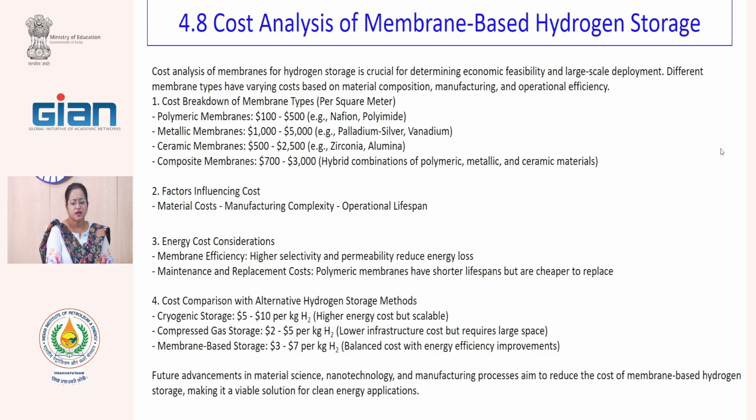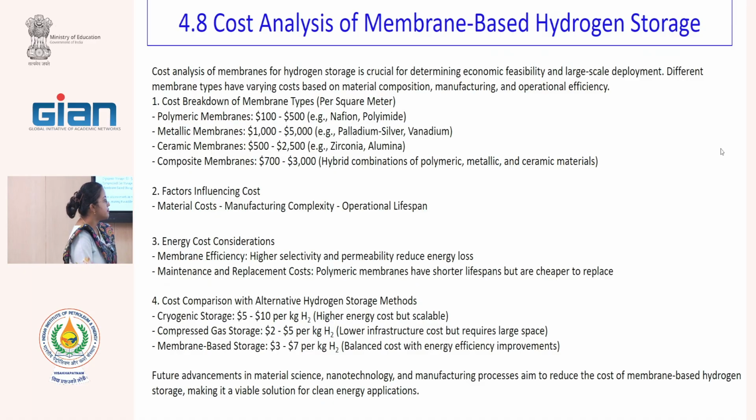So, cost analysis, or cost comparison among the different membrane materials, is mainly the same as what we were talking about yesterday. We can have lower cost with the polymeric membrane, but we have to be careful with other operations. But what I want you to view is that cryogenic storage costs around $5 to $10 per kg of hydrogen, but membrane based storage costs around $3 to $7 per kg of hydrogen.